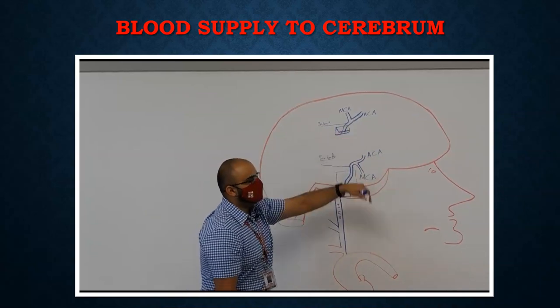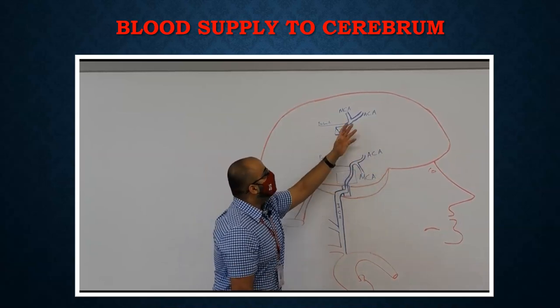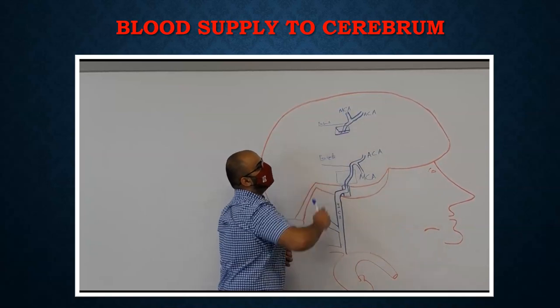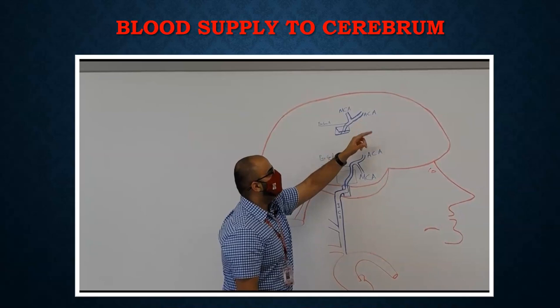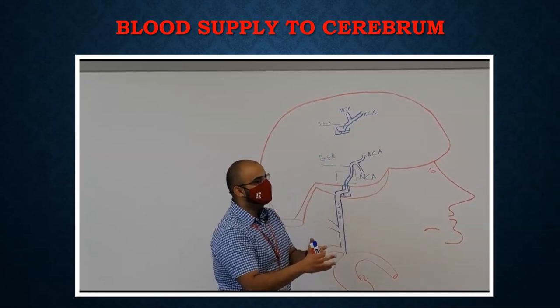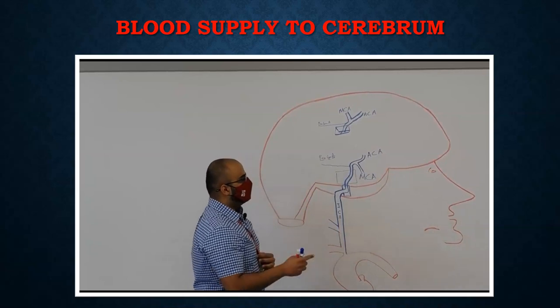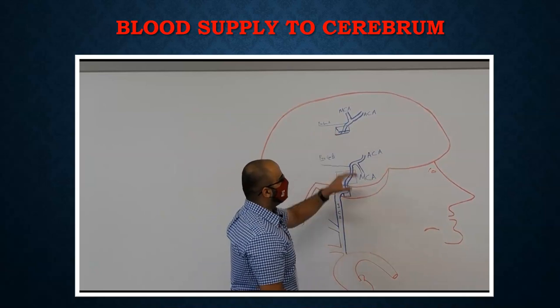So the internal carotid artery comes out of the cavernous sinus in the subarachnoid space and divides into two terminal branches, the middle cerebral artery and the anterior cerebral artery. So just remember, cerebellar and cerebral are two different arteries. Cerebellar arteries are for the cerebellum, cerebral are for the cerebrum.